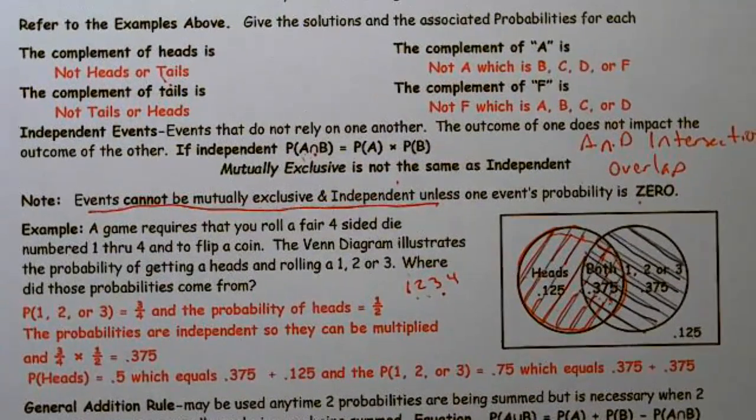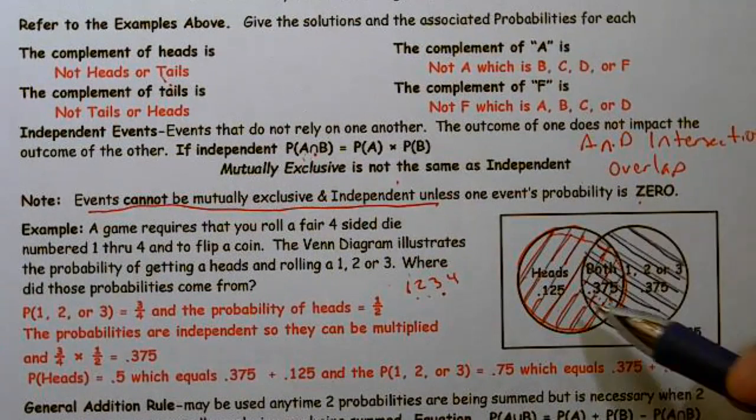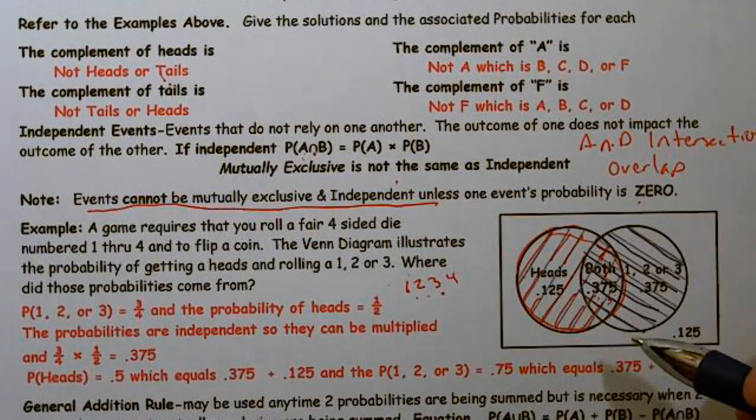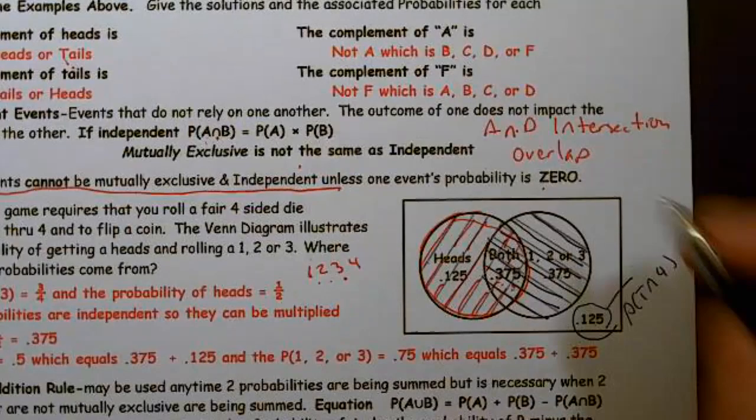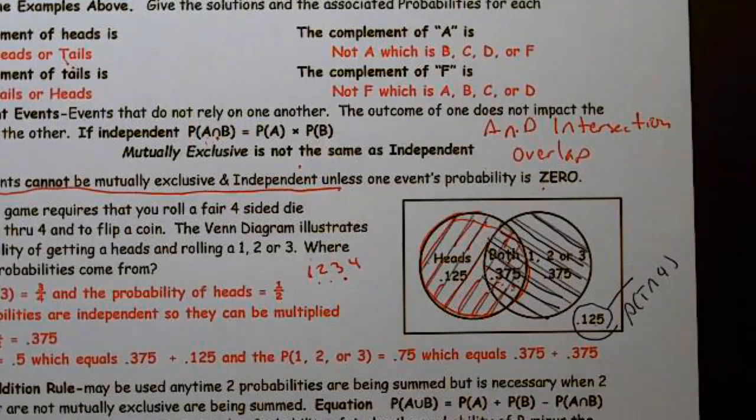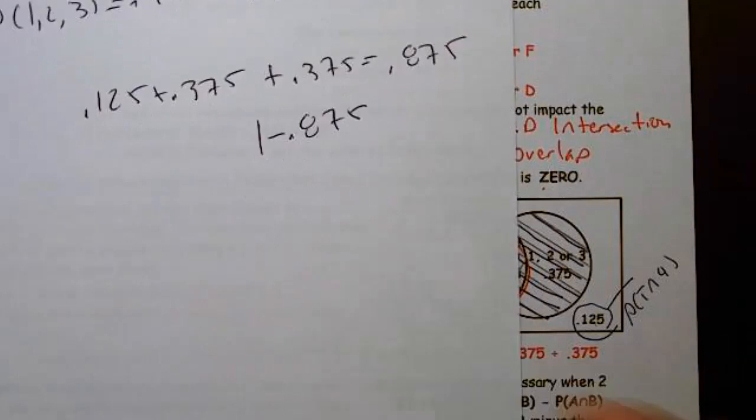All right? That's the probability of not getting a 1, 2, or 3, and the probability of not getting a heads. So essentially, what is this? This is essentially the probability of a tails and a 4. Those should be independent, so I should be able to multiply to test that out.